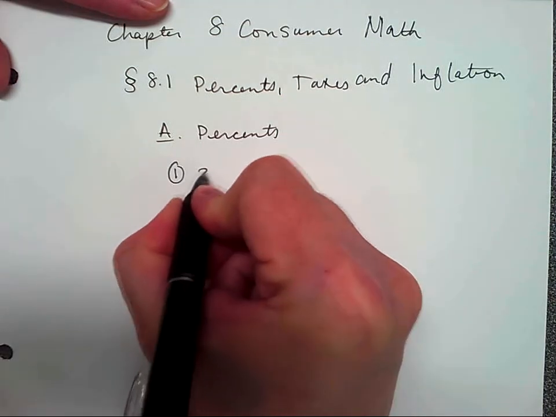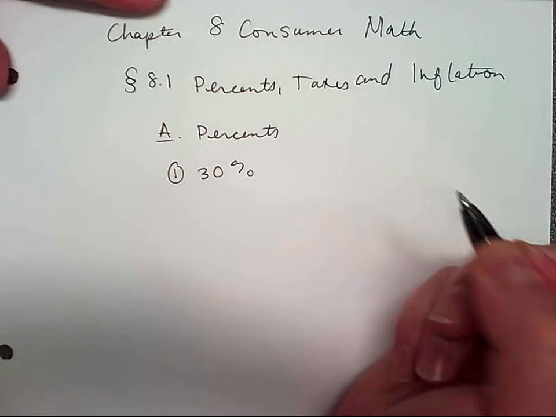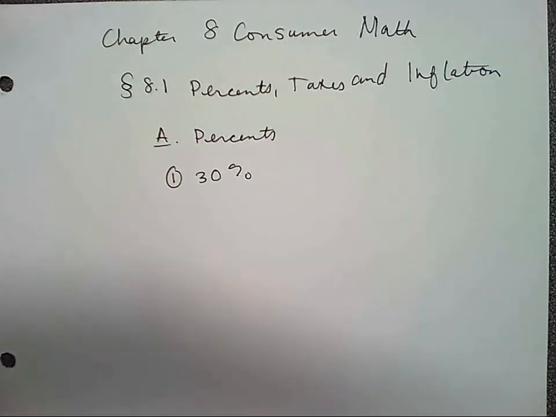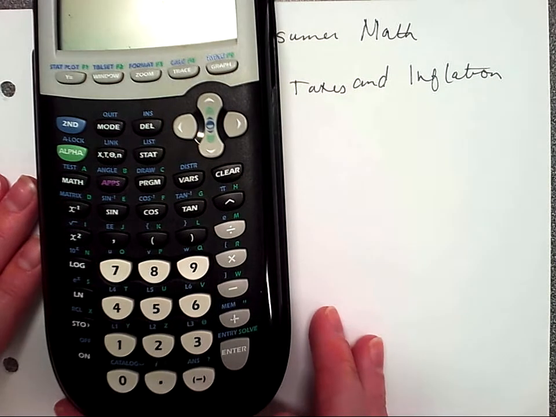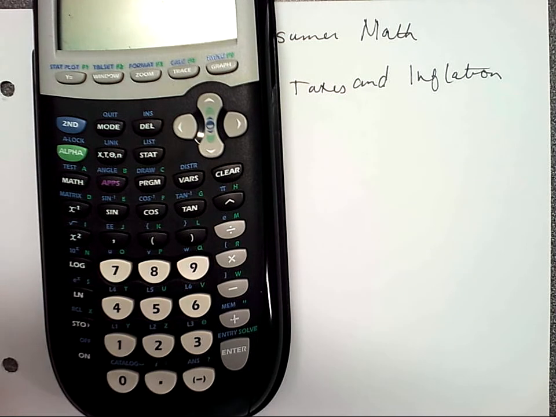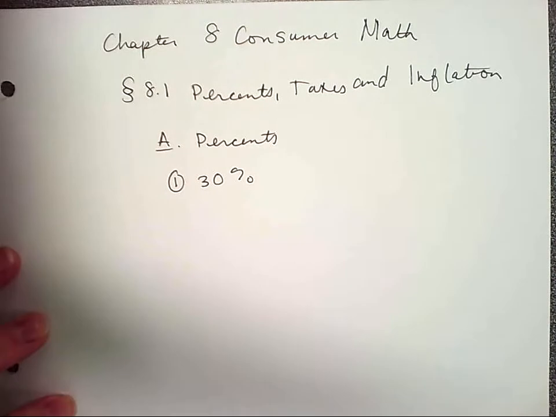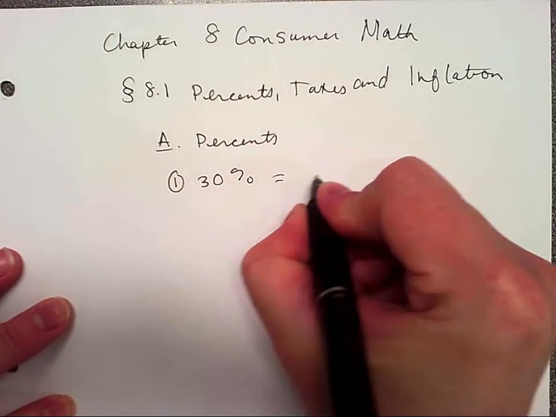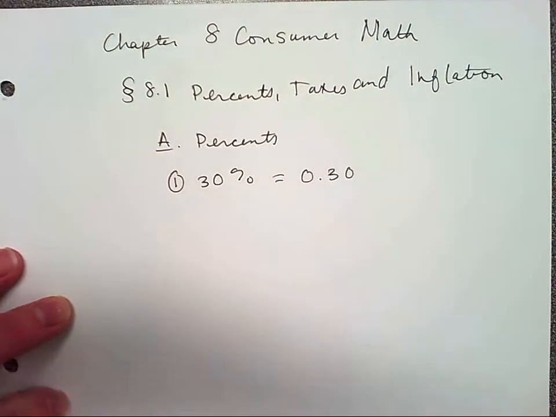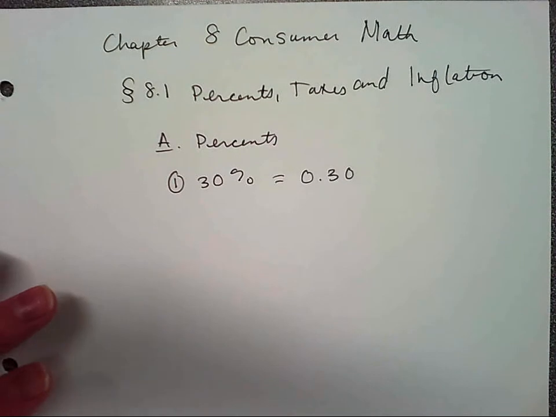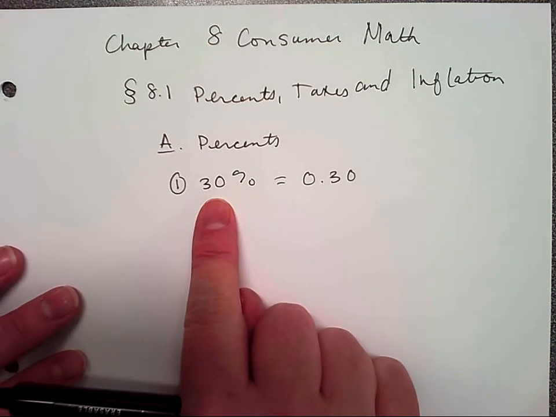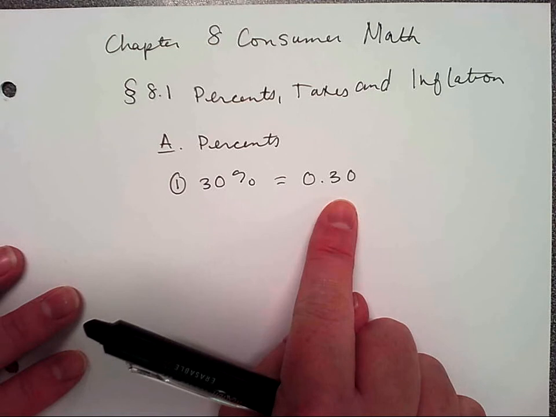Number 1, 30%. Can I just put 30% into my calculator? Like, where's the percent button? So 30% is actually 0.30. I cannot put the percent into my calculator, but I can put the decimal in.